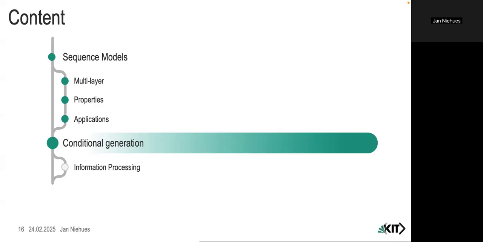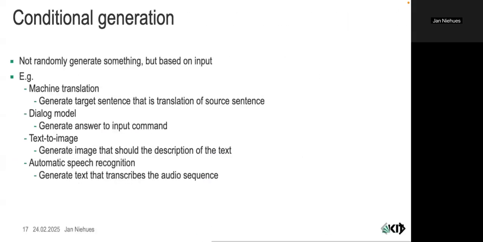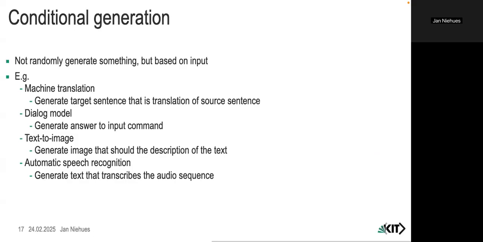More interesting is conditional generation, where you give the model some input and then want to generate something based on it. What are examples for that? One is machine translation. You give as input the sentence in one language, that is your condition, and then it should generate a sentence in a different language.